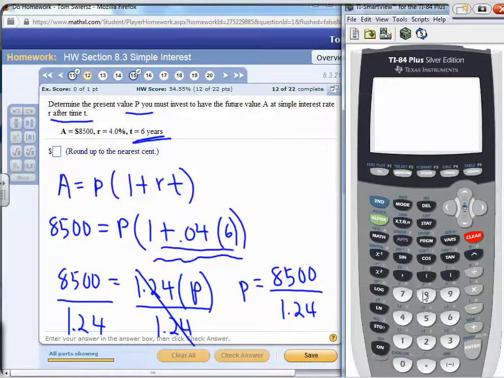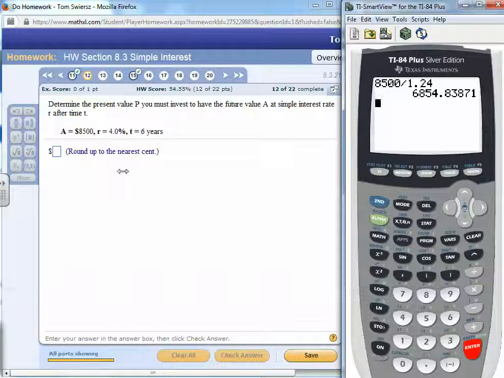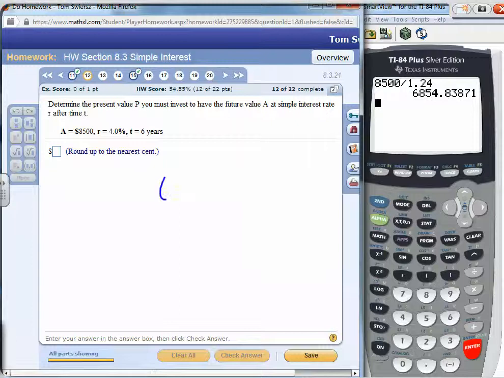8,500 divided by 1.24. Now, it says round up to the nearest cent. So cents are hundredths, 2 decimal places. We get 6,854.838.